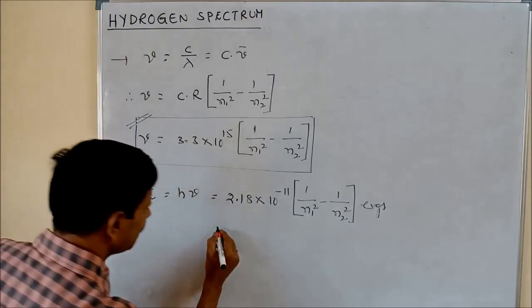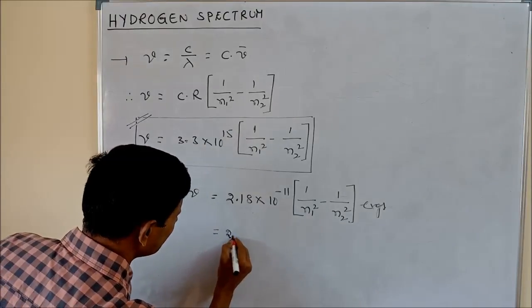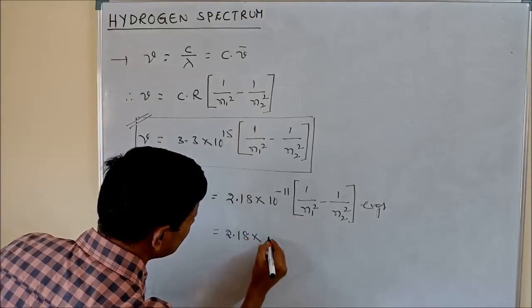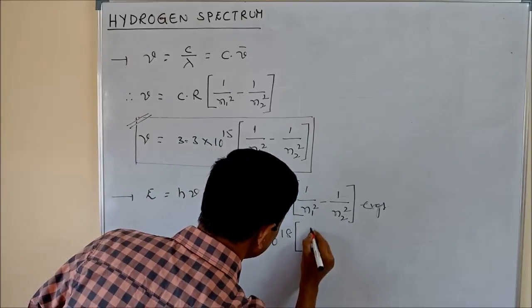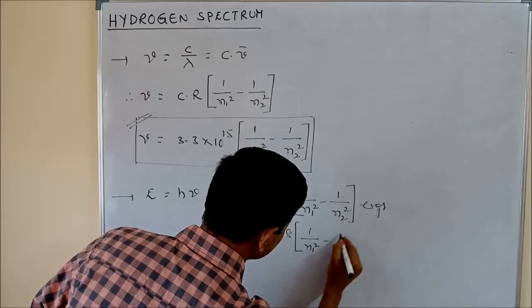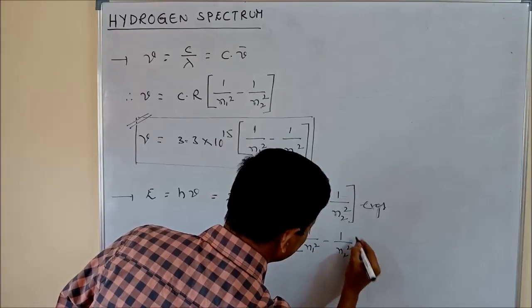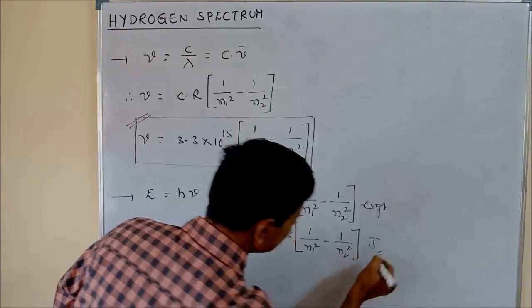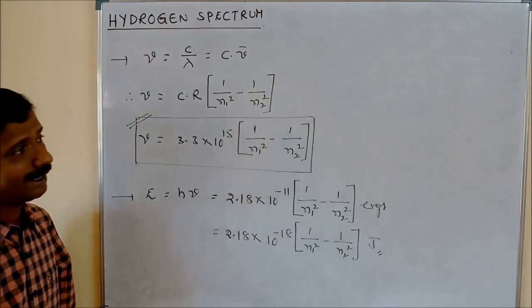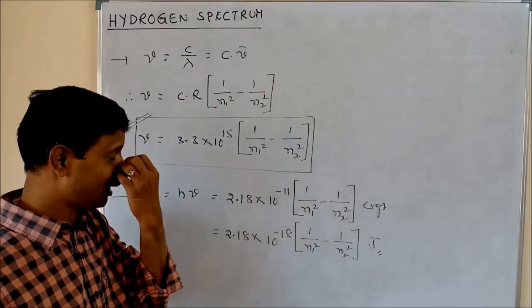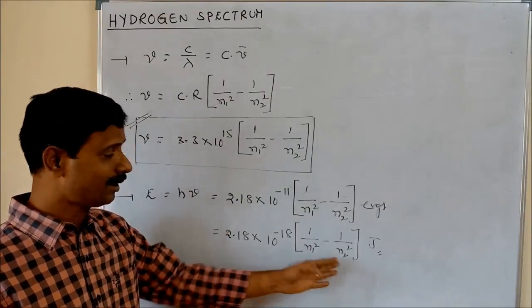Whereas if you want to express it in joules, the same expression becomes 2.18 into 10 power minus 18 into (1 by n1 square minus 1 by n2 square) joules. So that is the direct formula to find out the energy of radiation emitted if an electron is de-exciting from n2 to n1.